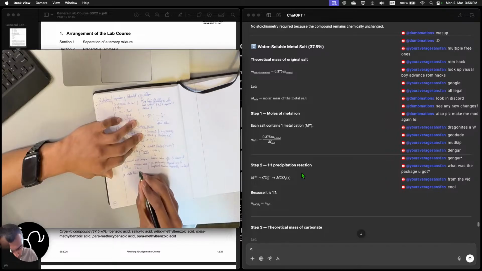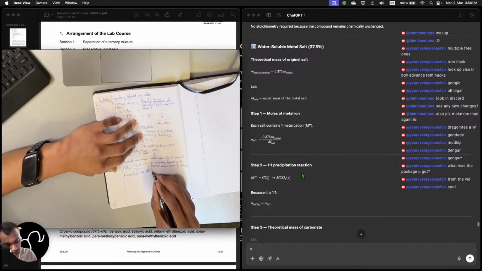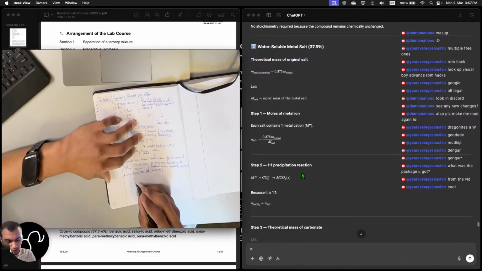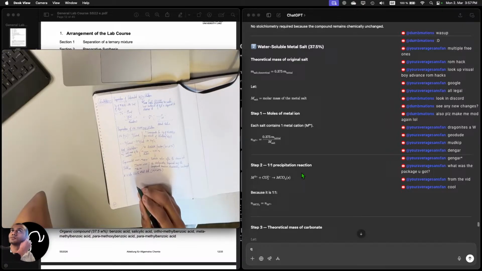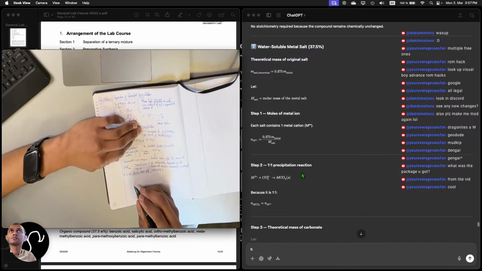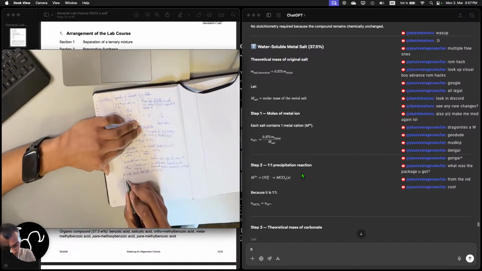Water soluble metal salt, 37.5 weight percentage. M aq theoretical equals 0.375 times m initial.